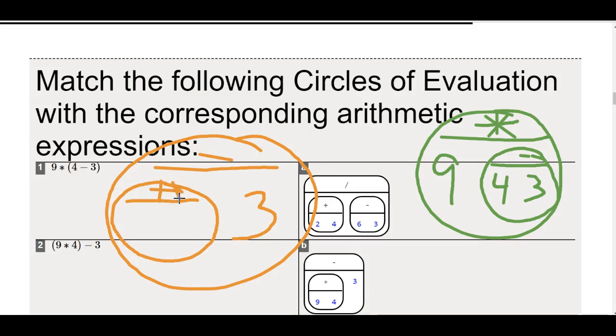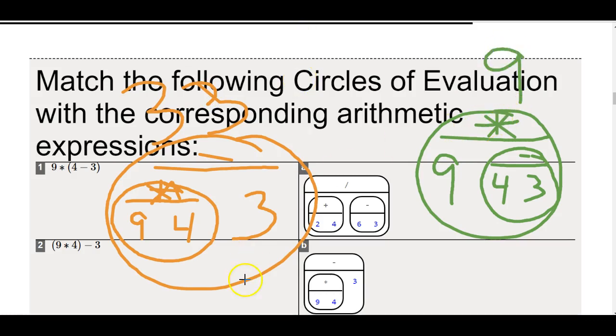So we're going to be multiplying, oops, that should be a multiply sign, 9 and 4. We have to find the product of 9 and 4 first. So 9 times 4 is 36. 36 take away 3 is 33. So this one evaluates to 33, and that one, let's switch back the color, evaluates to 9.